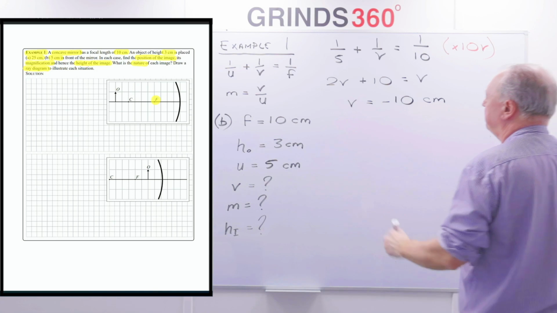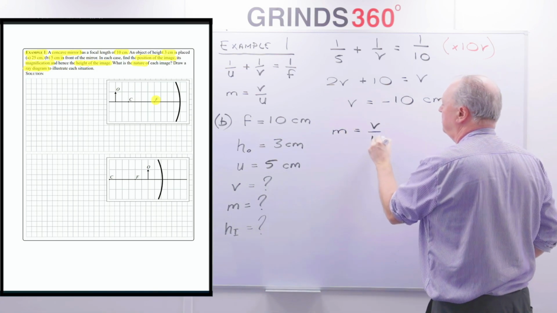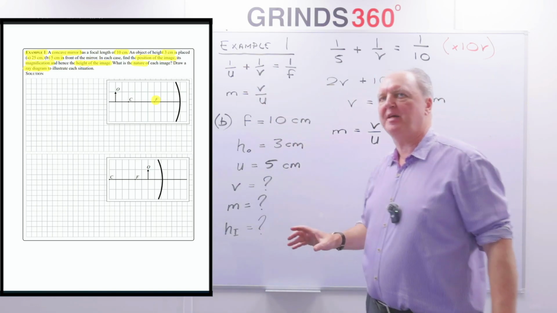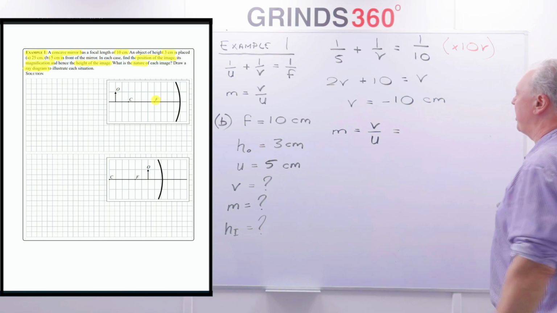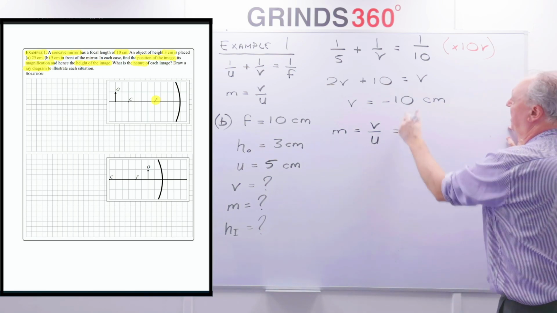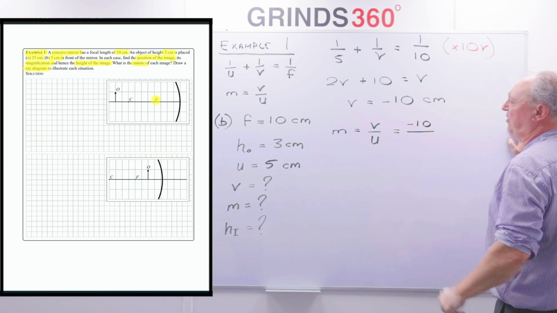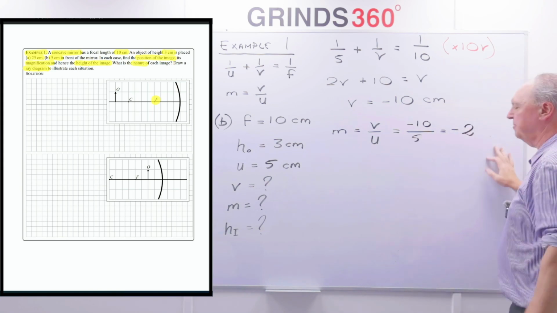The magnification? The magnification is v over u. Some teachers get you to take the absolute value of that. Personally, I prefer not to. Let's just put our numbers in. v is minus 10 divided by u, and my value of u is 5. And I get a magnification of minus 2.